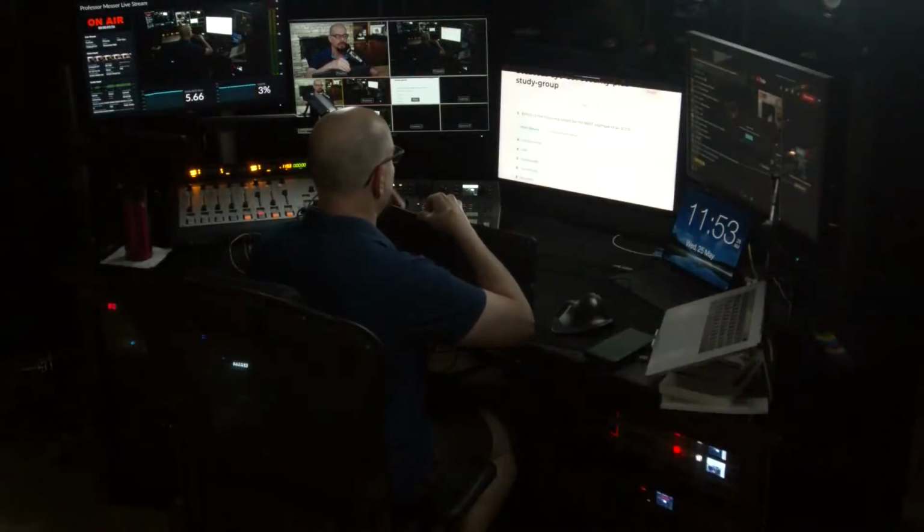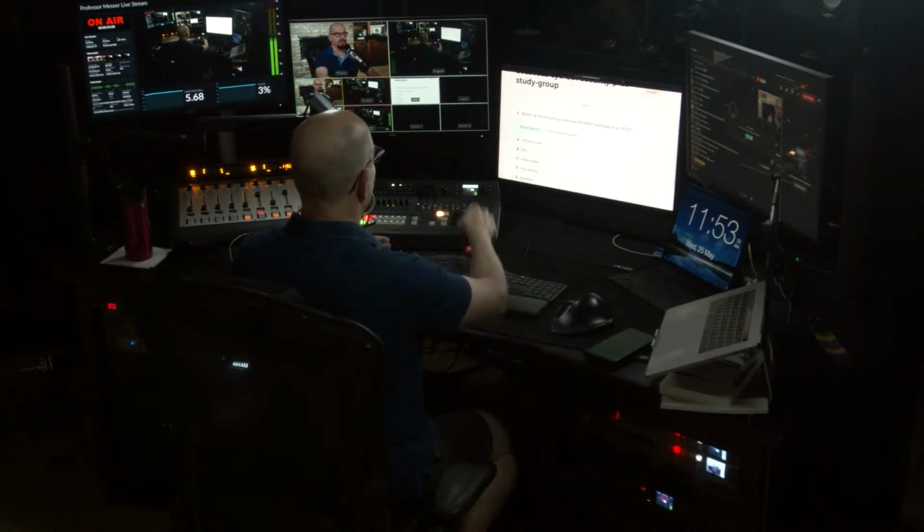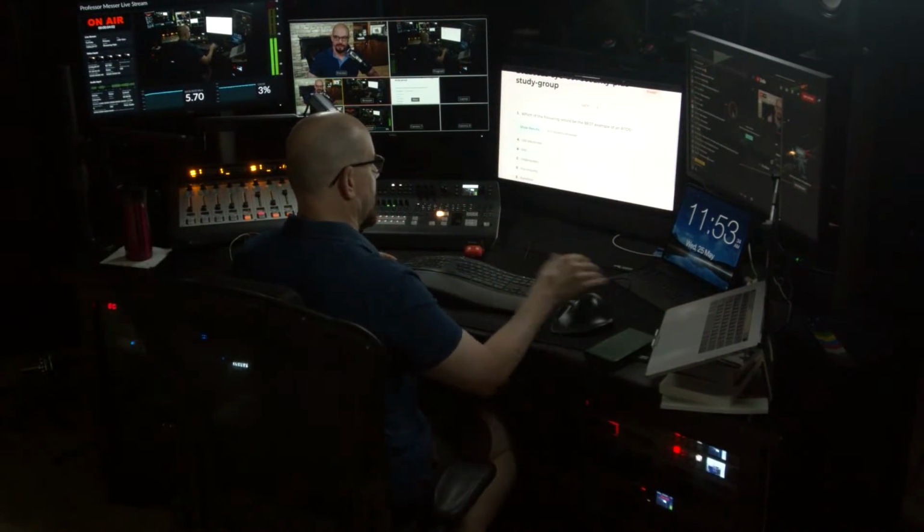Oh, let's see if I can find the keyboard piece. Let's just type it in, shall we? There we go. No device is found. Great. Fantastic. Let's reset our keyboard, shall we? We can make this work. That's what you do. You turn it all off and back on again.